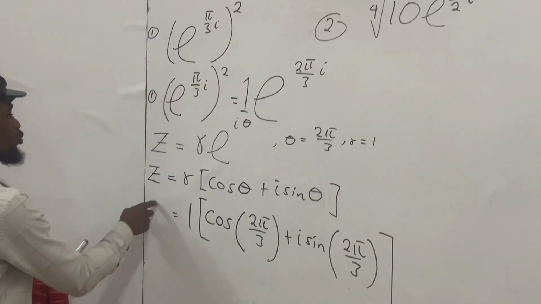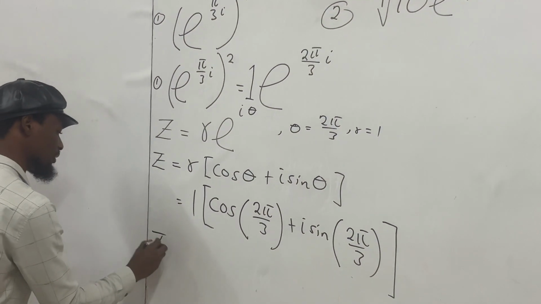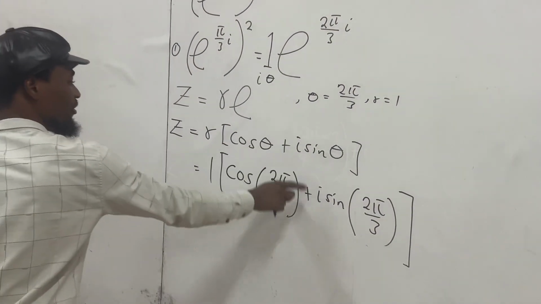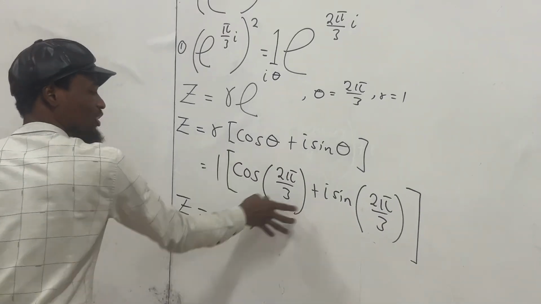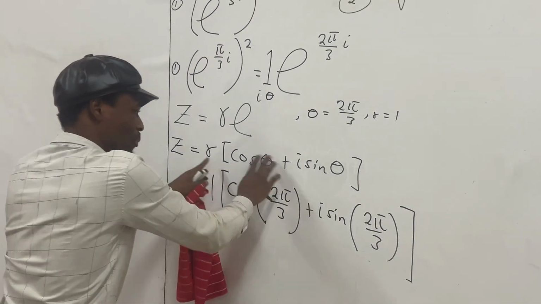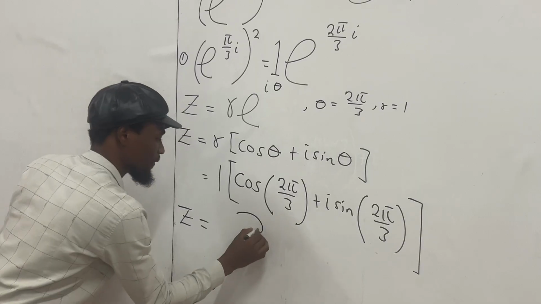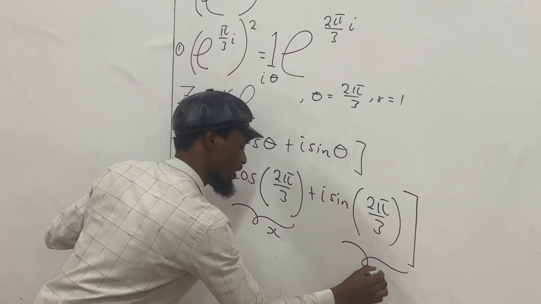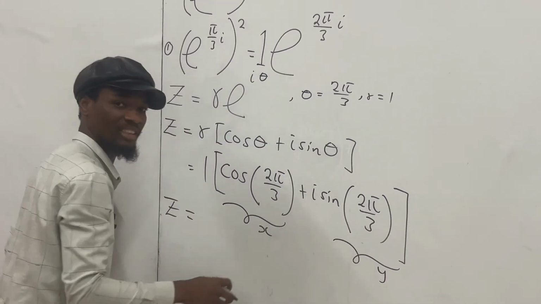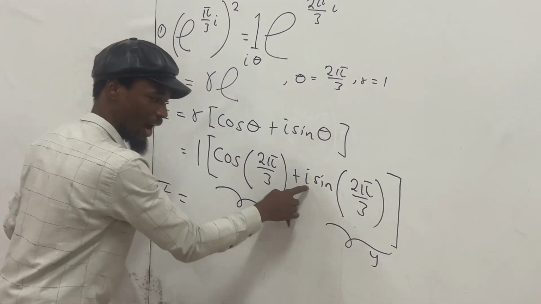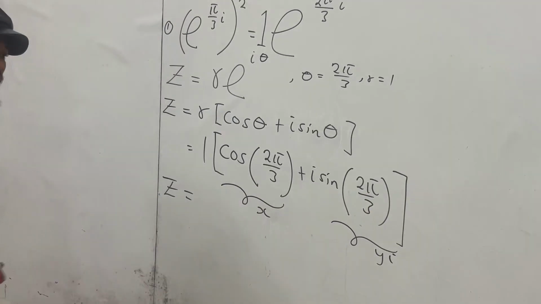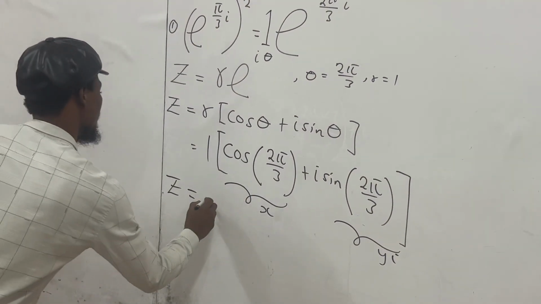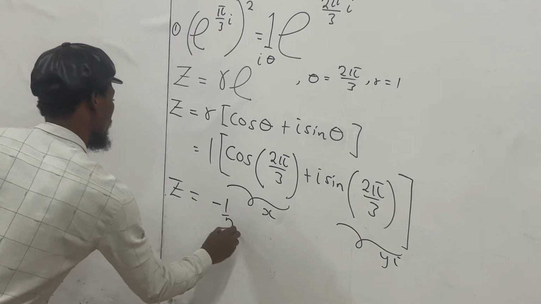So viewers, this complex number z is equal to, when you evaluate this, this should give us the x part. This side is the real part, and this part is the imaginary part, so you have your i over here. When you evaluate this using the calculator, you should get negative 1 over 2.